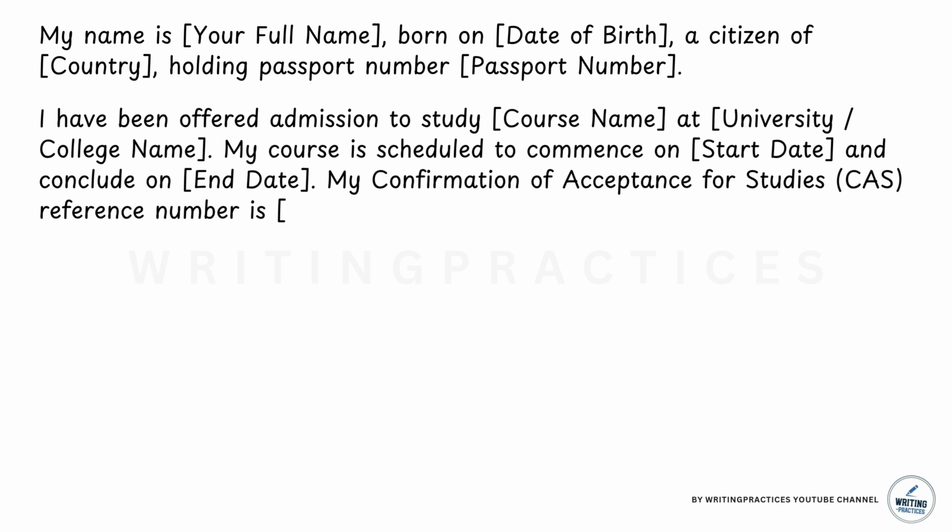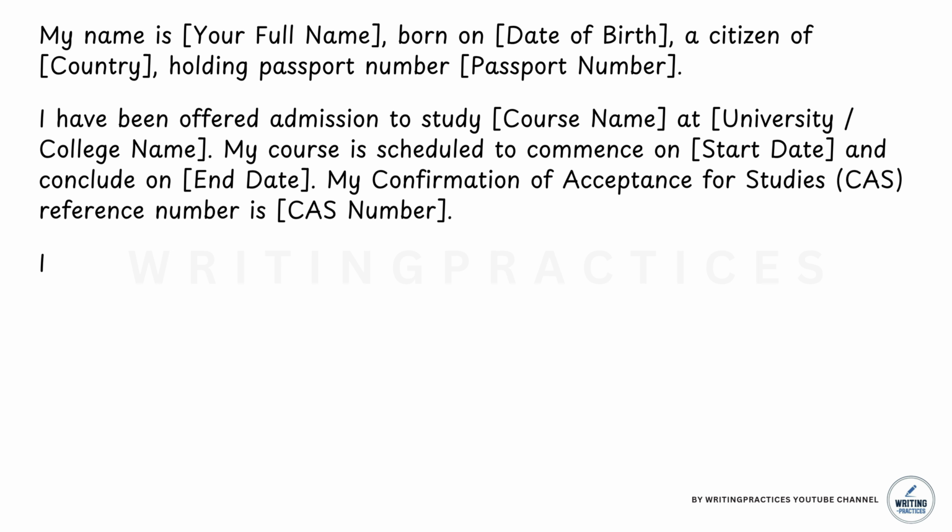My confirmation of acceptance for studies reference number is CAS 987654321. This is one of the most important parts of your cover letter. Your CAS reference confirms that you have been officially accepted by a licensed UK educational institution. All details must exactly match your CAS document.